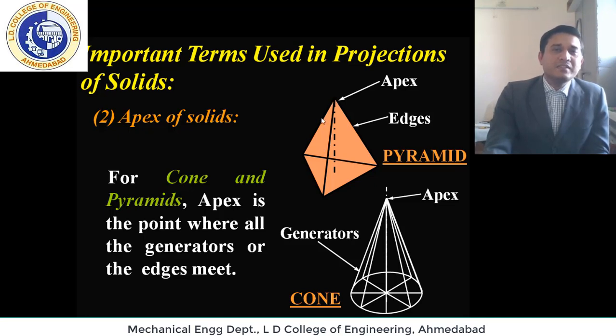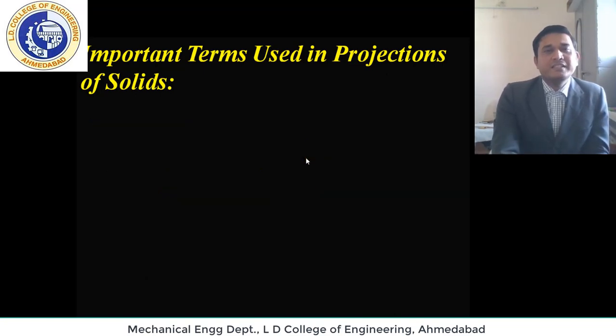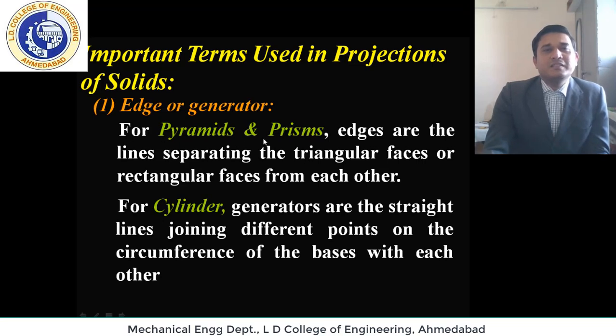Second, the triangular faces and the bottom base are also separated by this line. So friends, as we discussed in the definitions, for pyramids and prisms, the edges are the lines separating the triangular faces or rectangular faces.